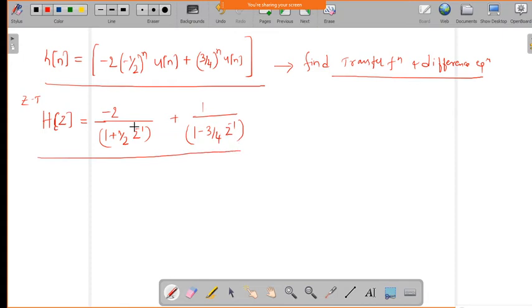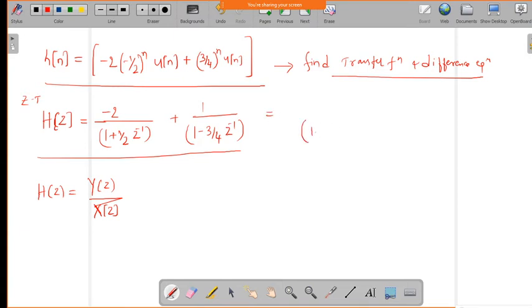So now from this we have to find out the difference equation. How to find the difference equation? We have the equation H(z), which we can represent as Y(z) by X(z). So now take the common factor, that is the LCM.